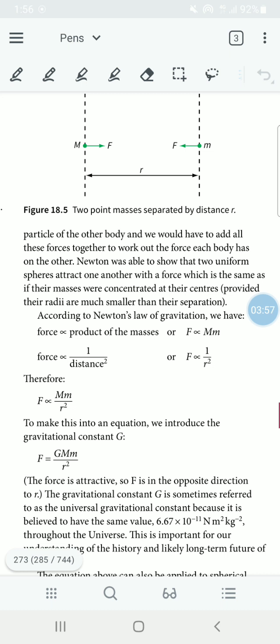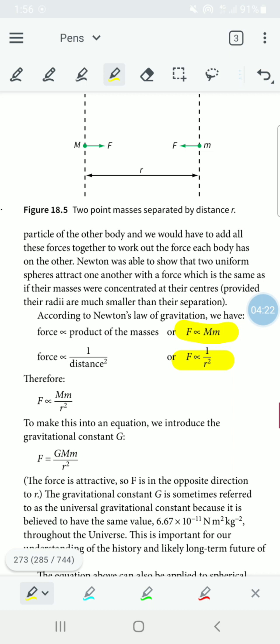Then according to Newton's law of gravitation, F is directly proportional to capital M times small m. And then it is inversely proportional to 1 upon r squared. Right?